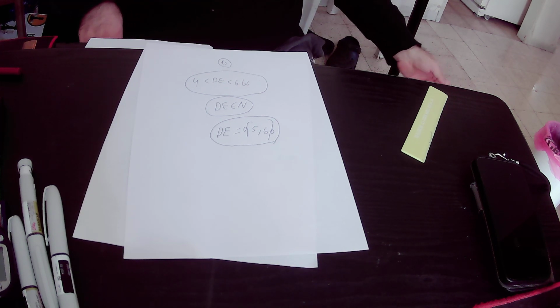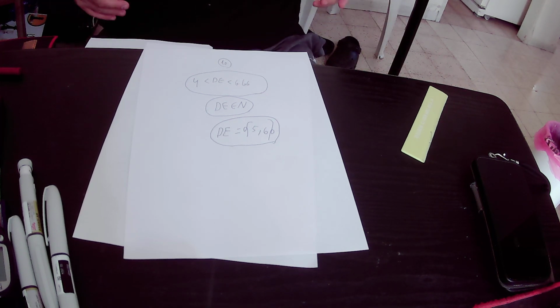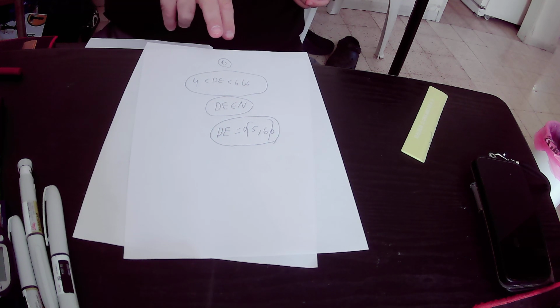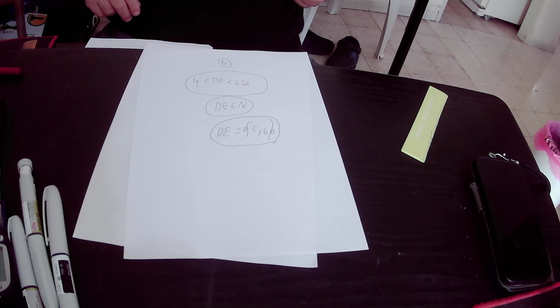But we also know it is given in the question that DE is a natural number. It belongs to the natural numbers. So which natural numbers are greater than 4 and less than 6.66? The natural numbers between 4 and 6.66 are 5 and 6.